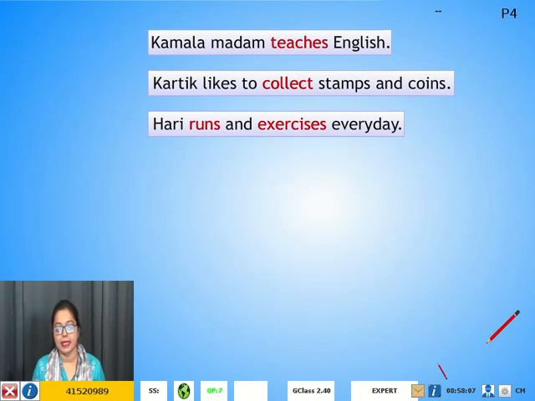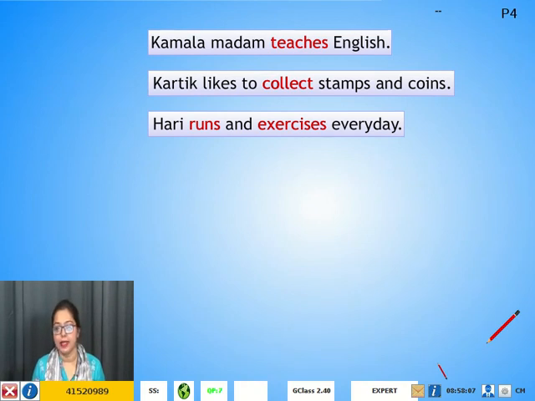Look at the verbs: with the verbs, either s or es is added. In the first sentence, the main verb is teach, and with teach, es is added. Kamala madam teaches English.